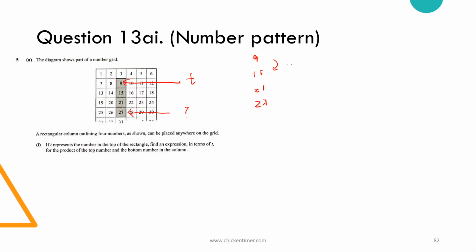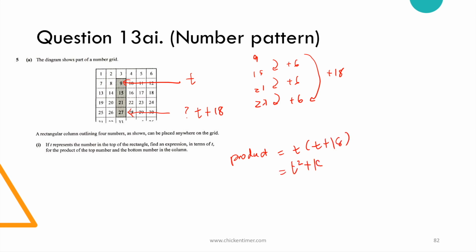So this is plus 6, plus 6, and plus 6. Then from here to here is plus 18. So the last number here, 27, would be t plus 18. So the product would be t times (t plus 18), which is t squared plus 18t.